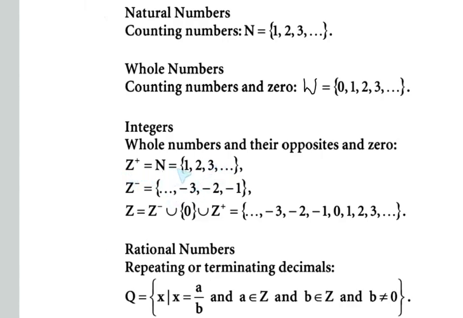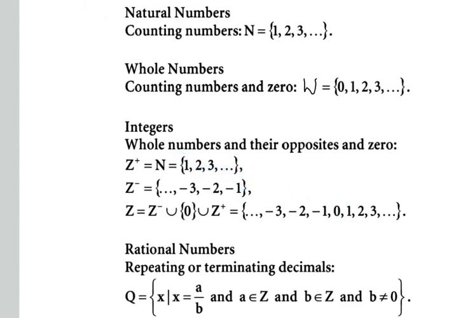Positive integers, that is N, are 1, 2, 3, 4 and so on. Negative integers are all the negative values: minus 3, minus 2, minus 1. Z equals Z minus and Z plus with 0: minus values, and 0, 1, 2, 3, 4 plus values. These are called integers.